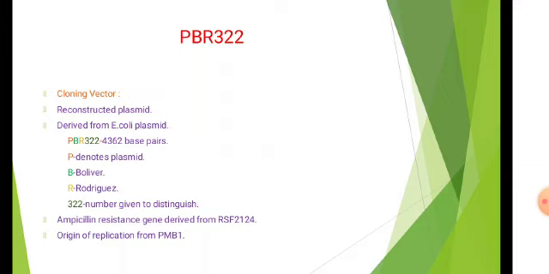There are natural plasmids as well as artificial plasmids. The natural plasmids are Ti plasmids, that is tumor-inducing plasmids. The tumor-inducing plasmids are found in the soil bacterium such as Agrobacterium tumefaciens. This bacterium causes a disease known as crown gall disease in dicot plants.